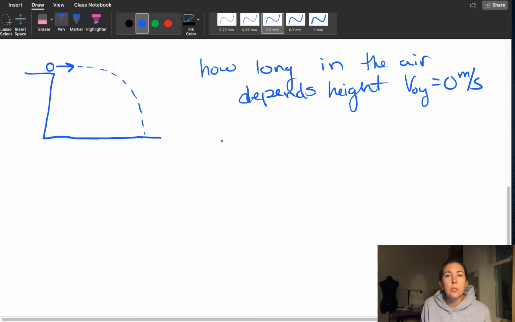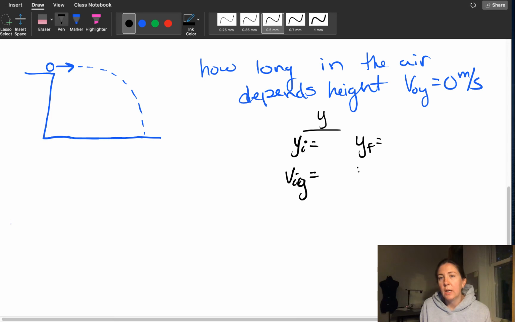Okay, and so if you were to start talking about your variables in the y direction, I'm going to do it this way: initial position in the y and final position in the y, initial velocity in the y direction and final velocity in the y direction, and then acceleration in the y direction and time.